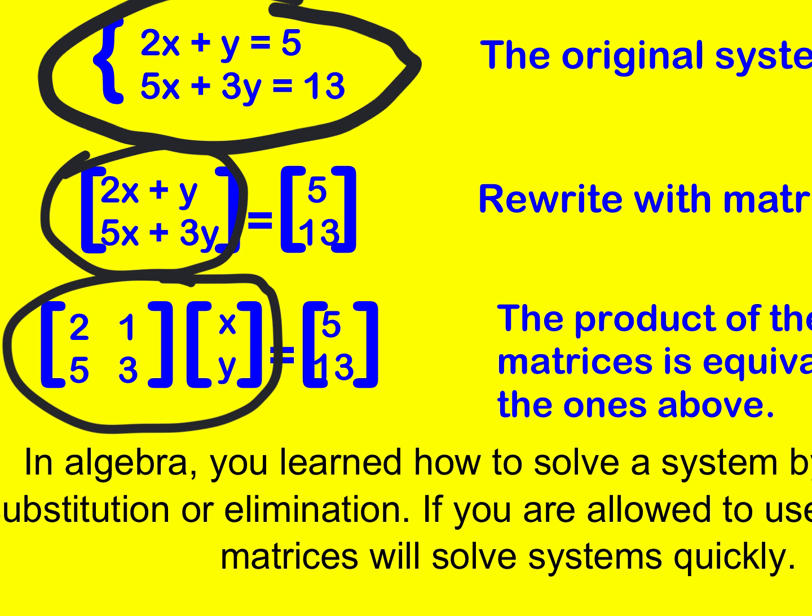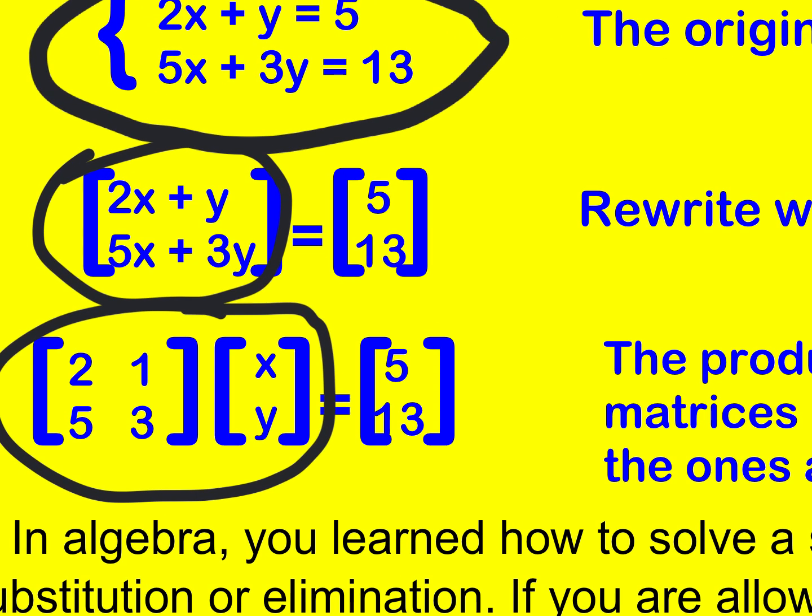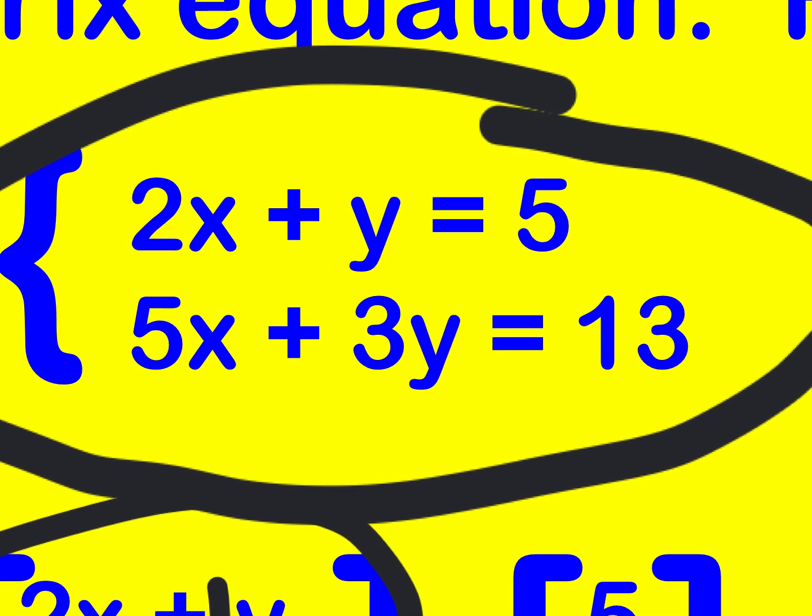Do you see how they did that? They just pulled out the 2 and the 1 and the 5 and the 3. And you're like, there's no 1. Well, there would be a 1 there. The 2 and the 1 and the 5 and the 3 came out, and the X and Y came out, and the 5 and the 13 came out. And look, it's a system of equations, and you can solve it with matrices. That's kind of cool.